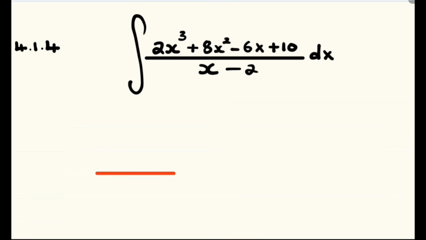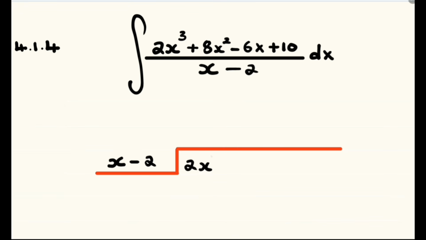So we are going to use the long division method, and we are going to write the x minus 2 right here, and in here we are going to write the 2x cubed plus 8x squared minus 6x plus 10.